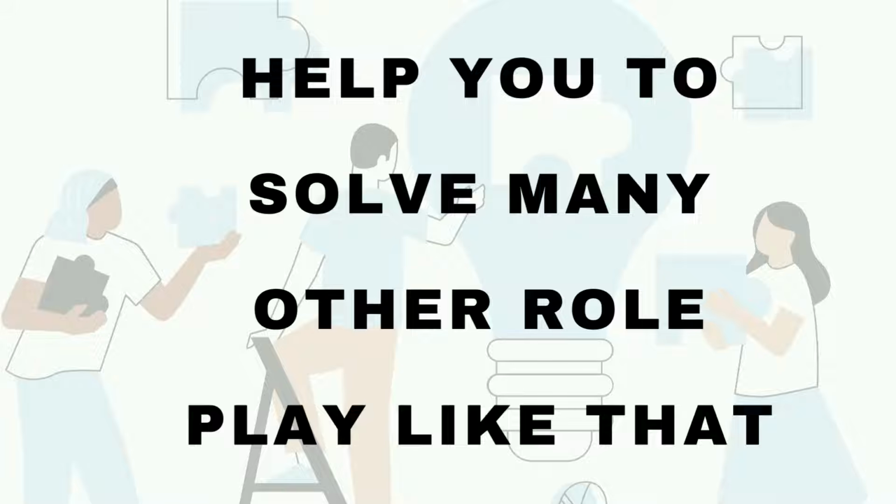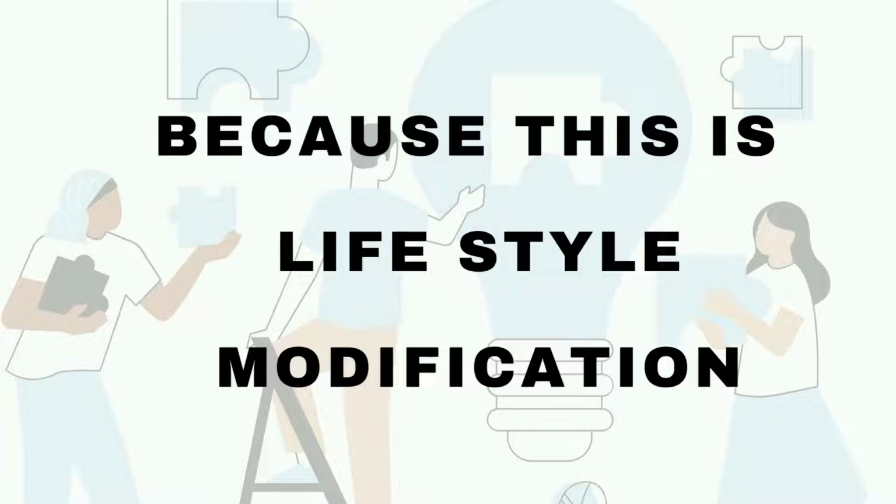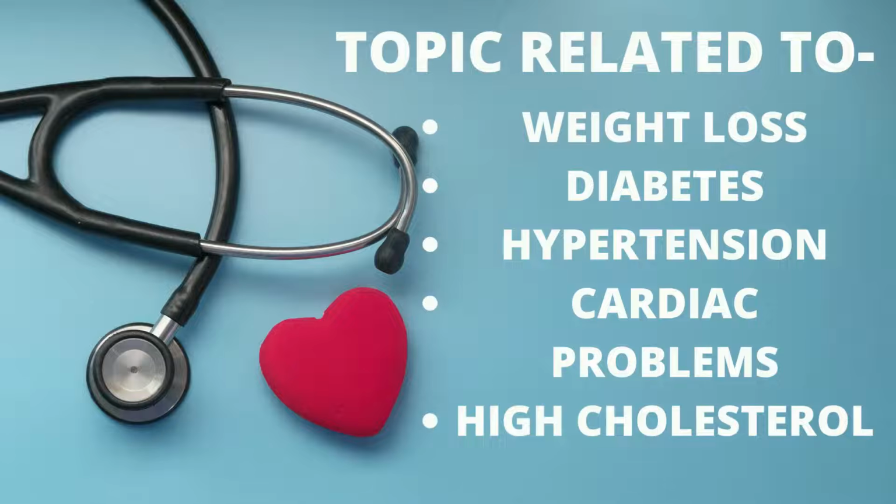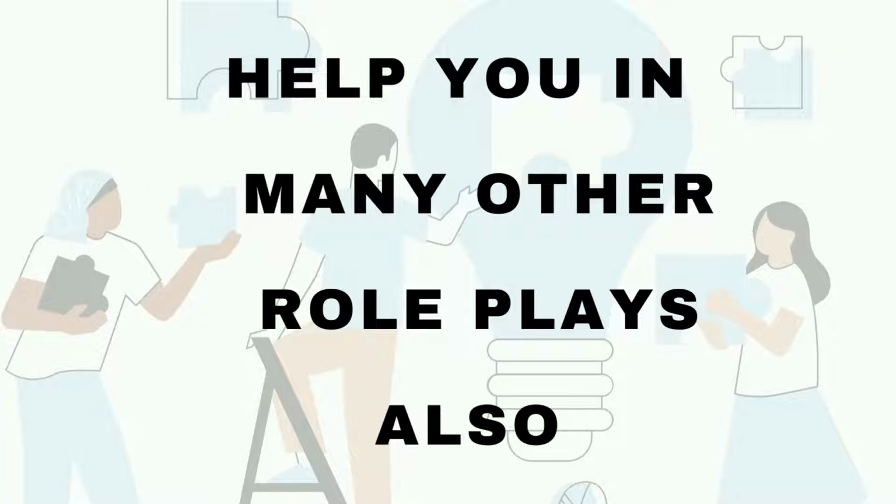It will help you to solve many other role plays like that, because this is lifestyle modification. In lifestyle modification, there are a number of topics which come up, for example weight loss, diabetes, hypertension, cardiac problems, high cholesterol. So this role play is going to help you in many other role plays also.